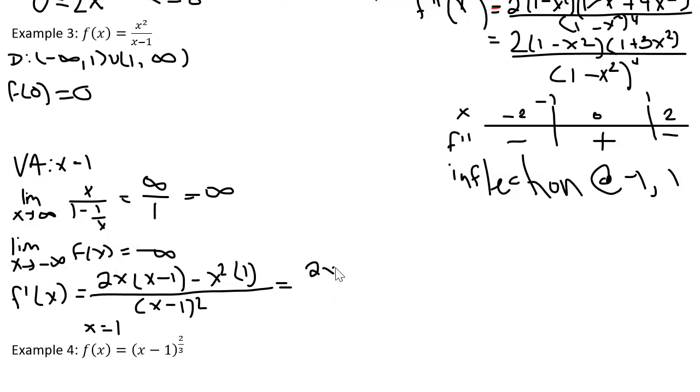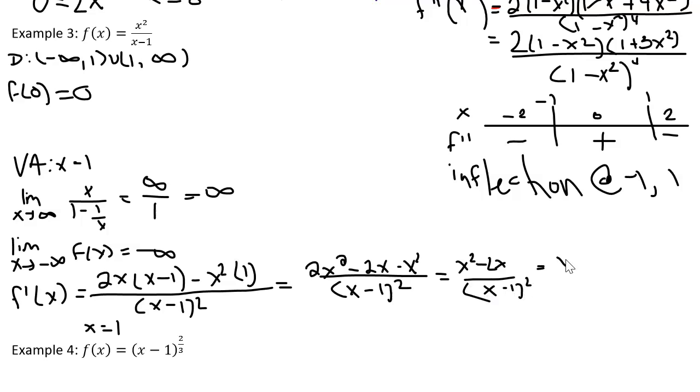It looks like the numerator is 2x squared minus 2x minus x squared, which gives us x squared minus 2x. That expression is factorable. We're going to get x times x minus 2.